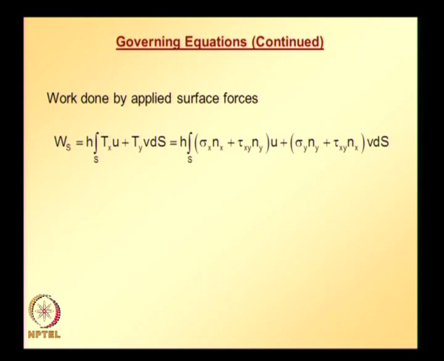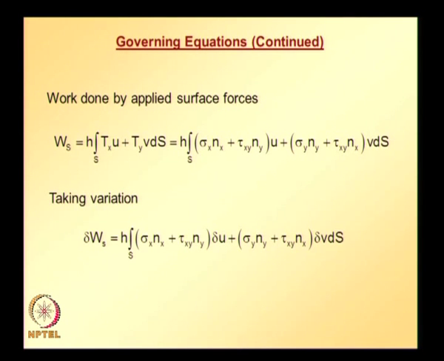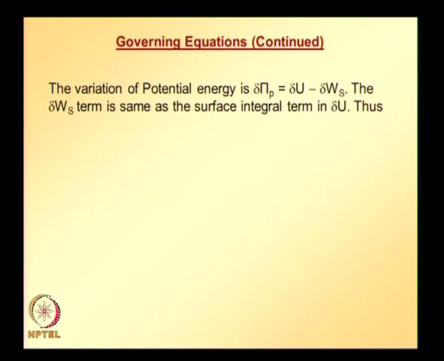Again, applying the variational operator, because we are interested in knowing the variation of W, the work done by the applied forces, this is the variation of W. Now we have the variation of U and the variation of W. Substituting those two, the variation of potential energy can be obtained.